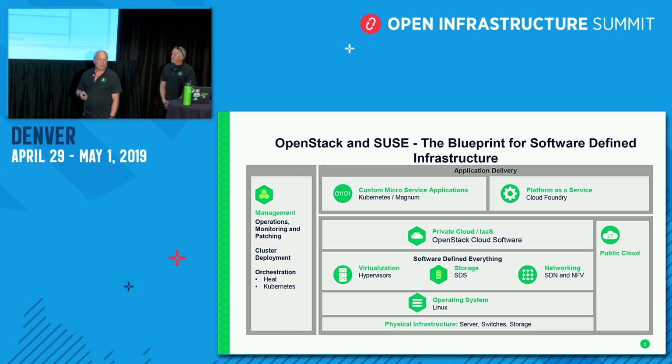It's called Cloud Application Platform, and this allows you to develop very easy to develop microservices applications that are deployed on Kubernetes. So you can start at the top with application development, deploy it on Kubernetes, and run it on a cloud. This is just background of our blueprint for software-defined infrastructure.